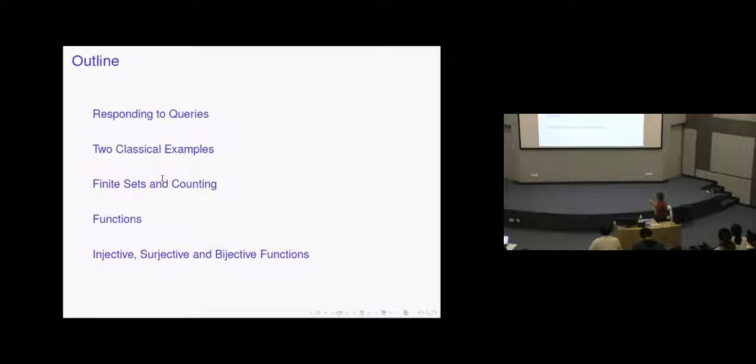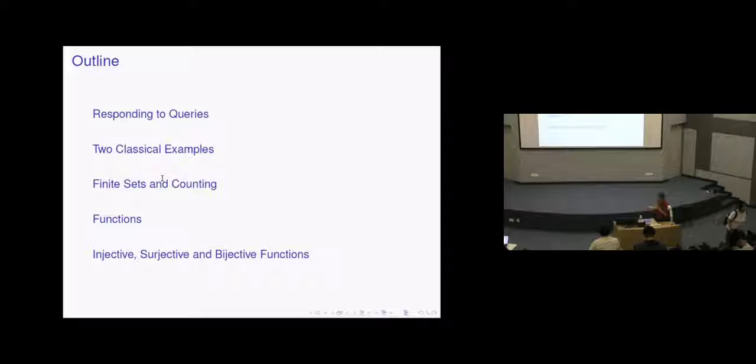After that, we are going to continue the line about sets. Last time we talked about sets, and today we are going to see more properties about finite sets. Especially, we will do some counting arguments to count the numbers in a collection.